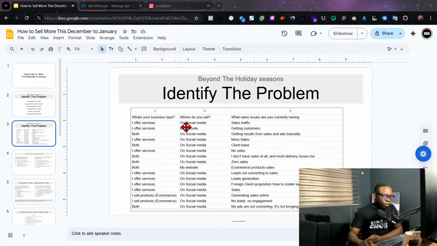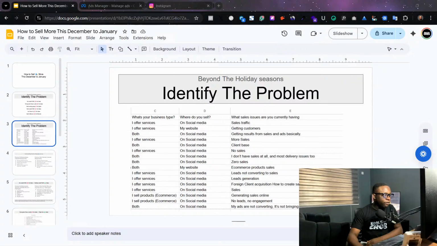Okay, so looking at the problems here, during the time I ran the ads, I noticed that one of the questions was, what sales issues do you currently have? One, they're saying traffic. Some other persons are saying getting customers. Some persons are saying more sales. But if you look at it deep down, I believe you guys can see my screen.